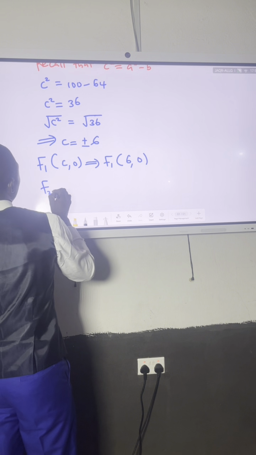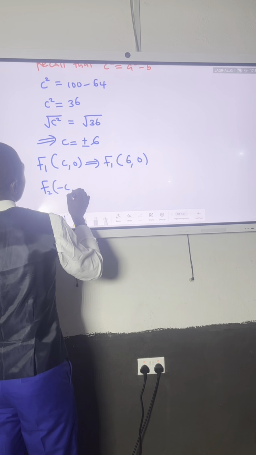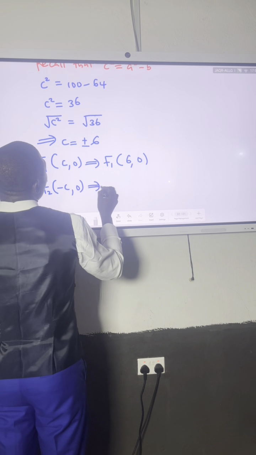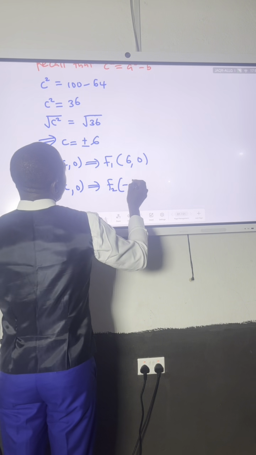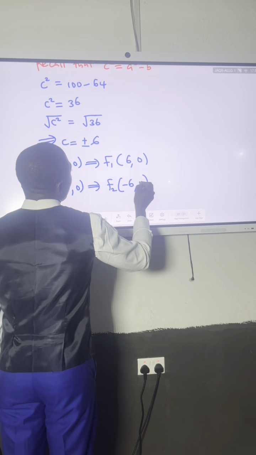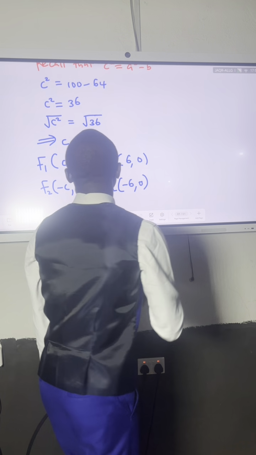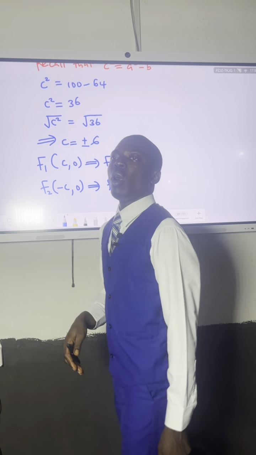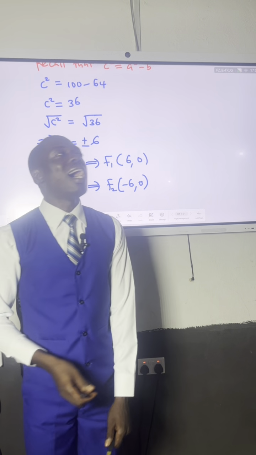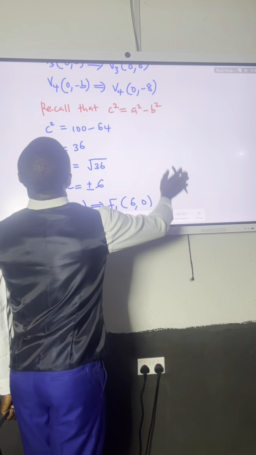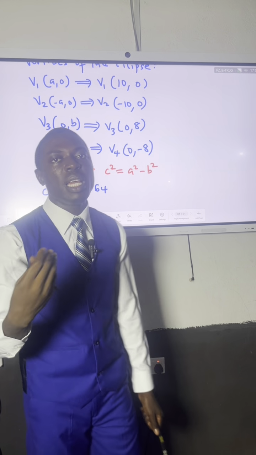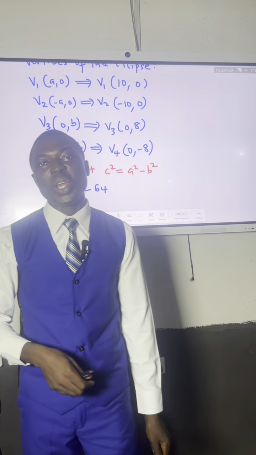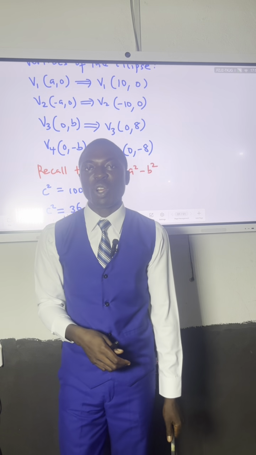Second focus is actually negative c, 0, which if you do the replacement, you have F2, negative 6, 0. So these are the 2 foci of the ellipse given, and the other ones are the 4 vertices of the given ellipse.